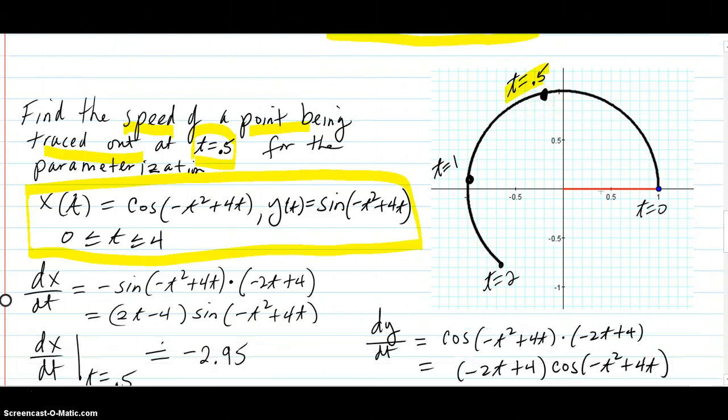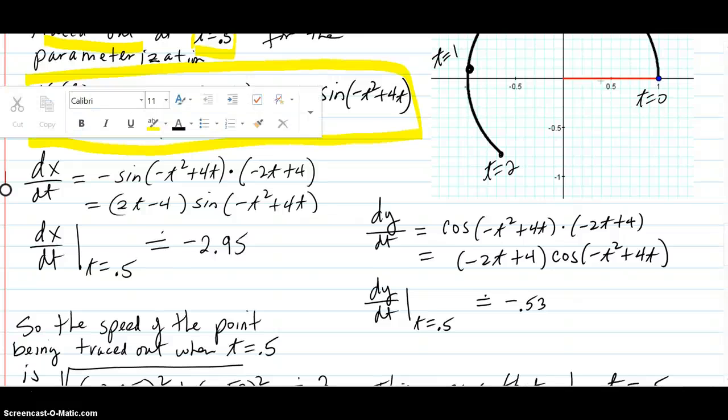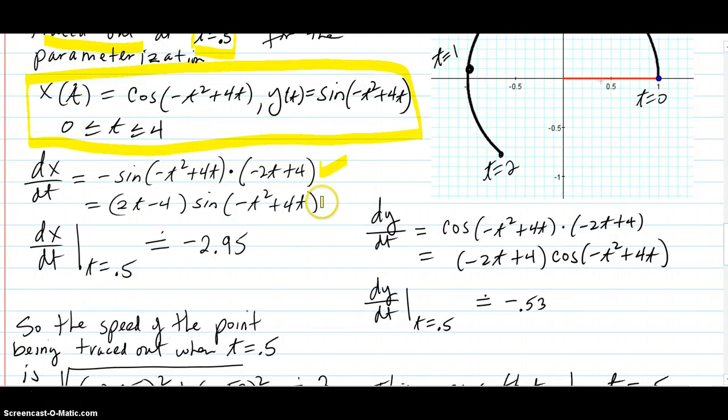So we do our dx/dt, clean it up a little bit, evaluate it at 0.5, plug in 0.5 for t, and you get approximately negative 2.95. dy/dt, take the derivative, we're using the chain rule there, clean that up, evaluate it at 0.5, and it turns out you get this.